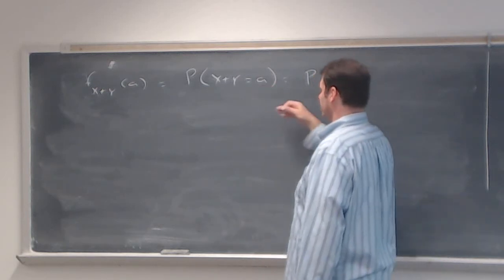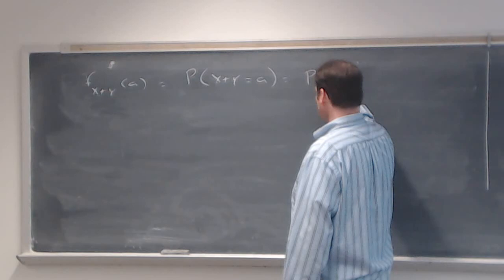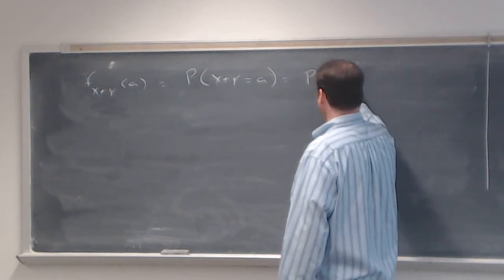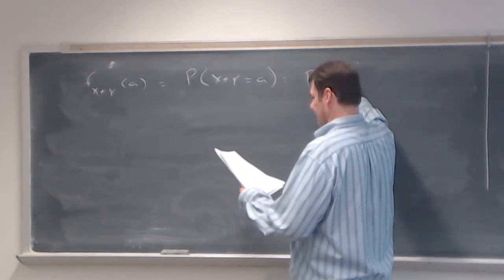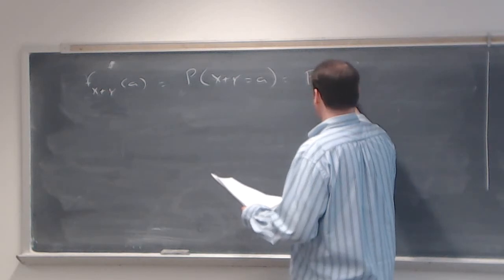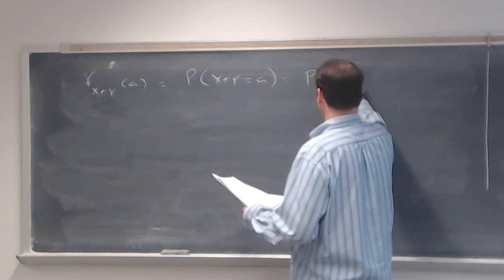So a is running from 0 to infinity. We can write this down as the union as k runs from 0 to a.